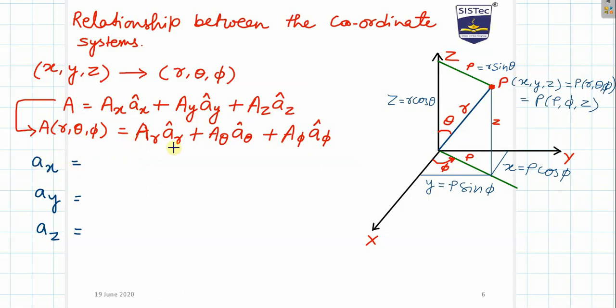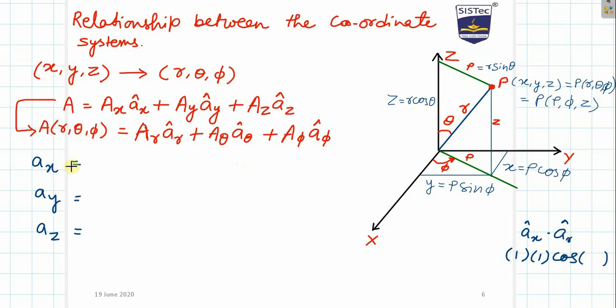In the rough, here I write, let's say ax dot ar, both are unit vectors. So magnitude will be 1 into 1 and the cosine of the angle between the two, so cosine of the angle between these two vectors. So this angle we have to determine everywhere.